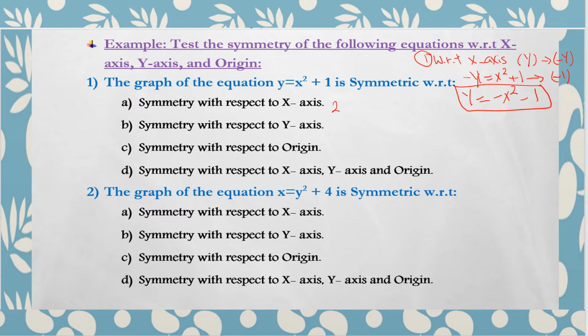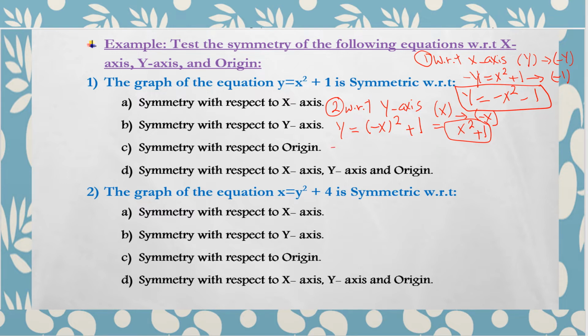The second test is with respect to the y-axis, and this is by replacing the value of x with negative x. So y equals negative x squared plus 1, which equals x squared plus 1, and this is equivalent to the original equation. So the equation is symmetric with respect to the y-axis.